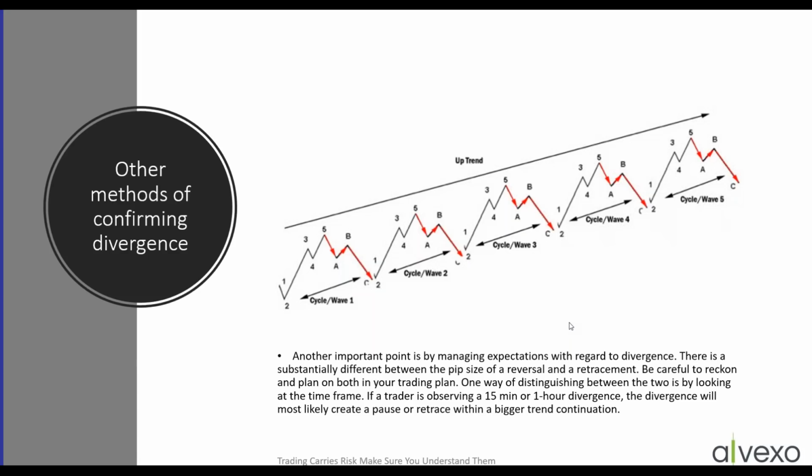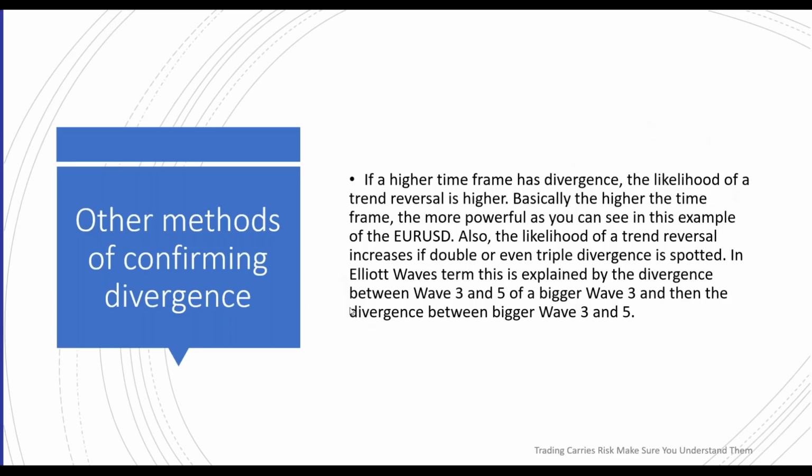If a trader is observing a 15-minute or 1-hour divergence, the divergence will most likely create a pause or retrace within a bigger trend continuation. If a higher time frame has divergence, the likelihood of a trend reversal is higher. Basically, the higher the time frame, the more powerful, as you can see in the example of the euro-US dollar.